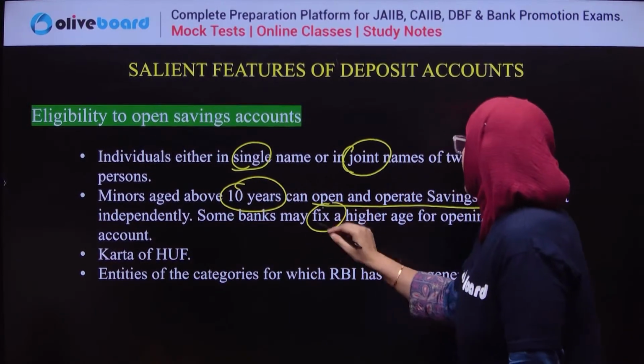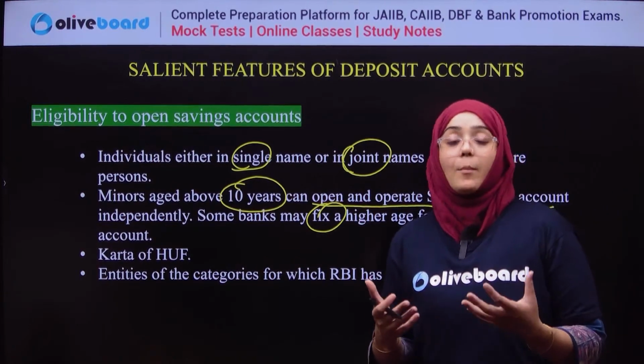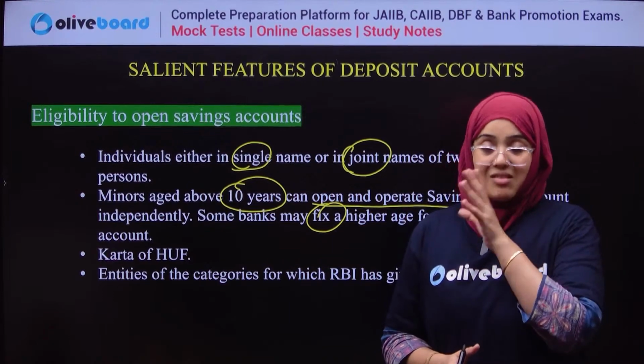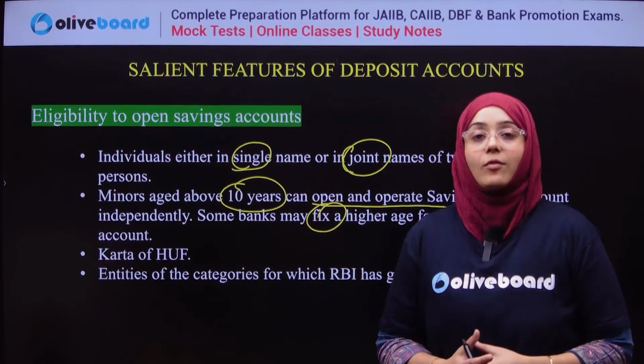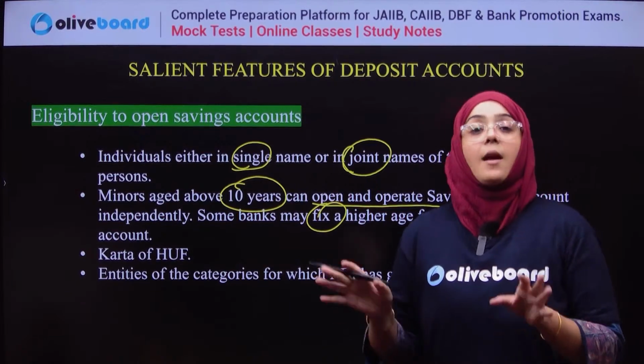Some banks fix a higher age for opening an account. So it also depends on the bank. Some banks fix the age at 10 years, and some banks allow it at the age of 15 or 18 years. It always depends on the bank.